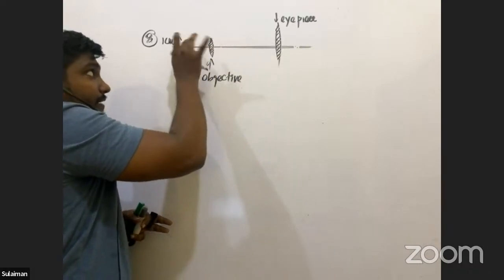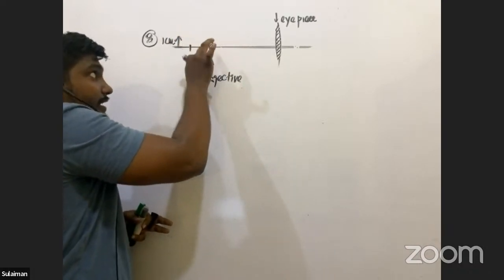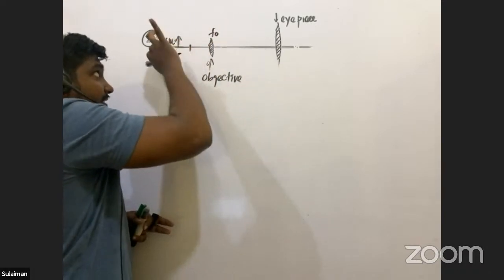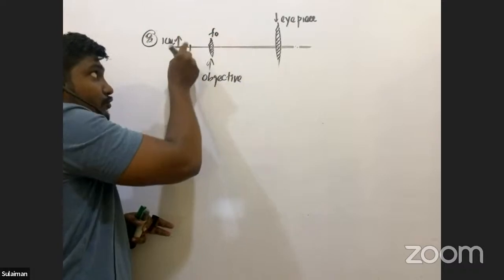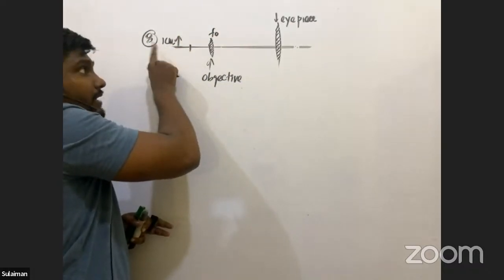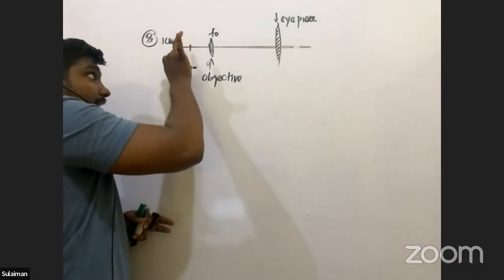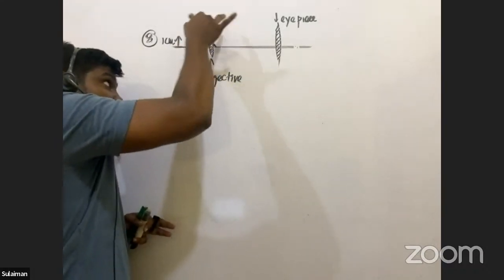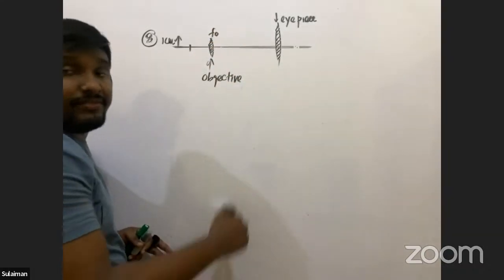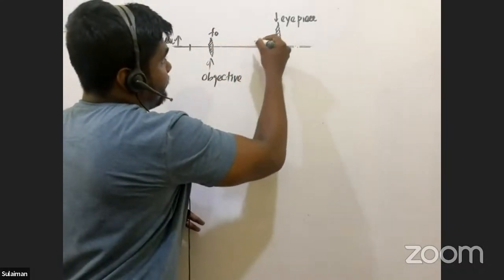Usually we keep this object in between the focal length of the objective lens and its center of curvature, between f0 and 2f0. Then the image produced by this objective lens will be somewhere here, an inverted, larger image.